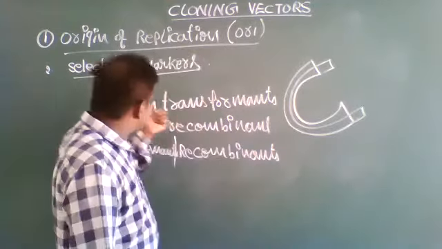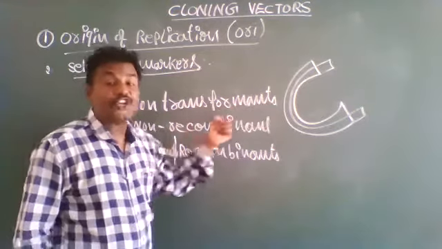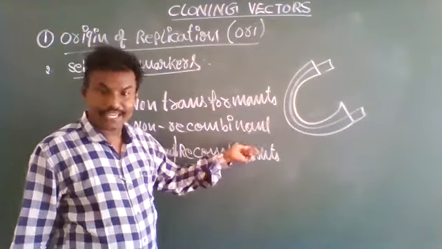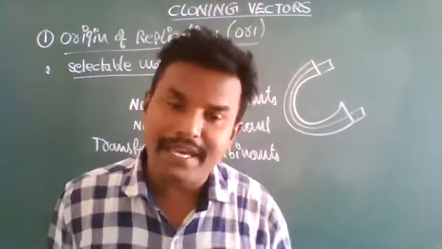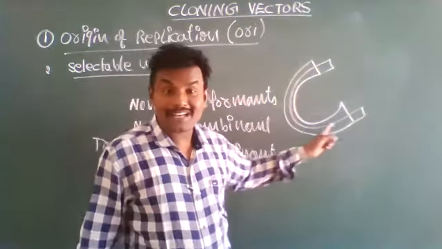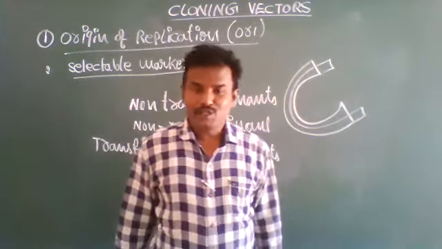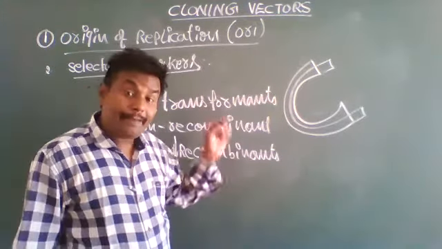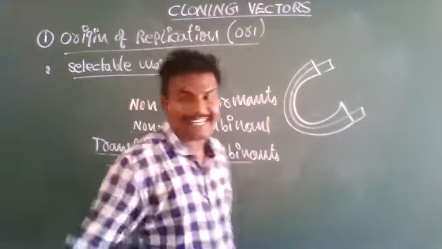Those are called non-transformants or non-recombinants. Such non-recombinants are identified and eliminated by the selectable markers present in cloning vectors, selectively permitting the growth of transformants or recombinants.